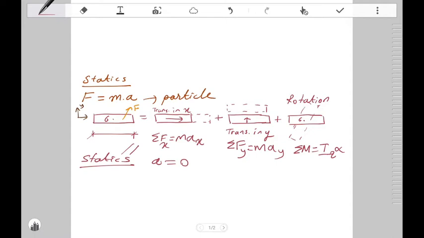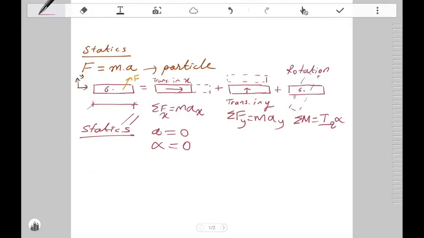Translational acceleration plus the angular acceleration. So this is the static condition that we have. We say no acceleration.